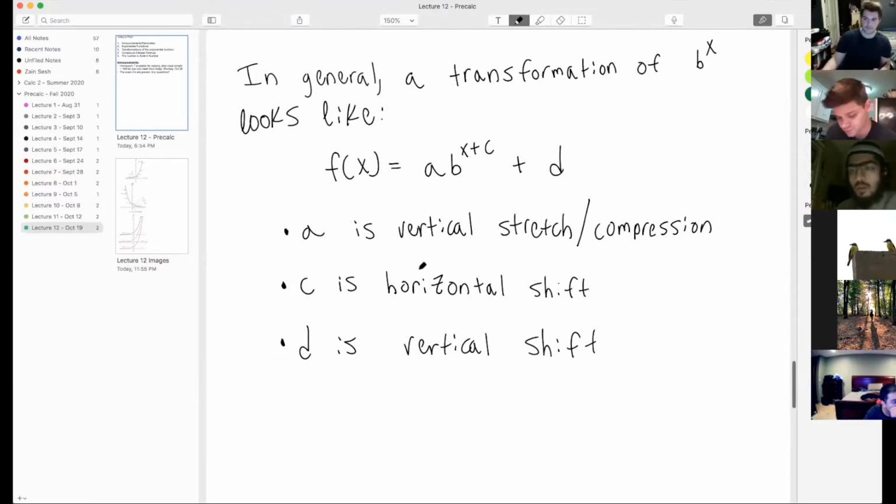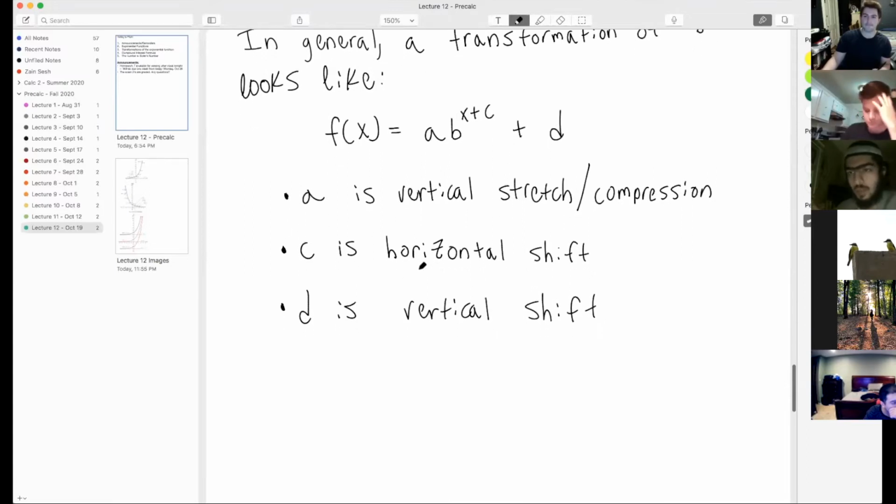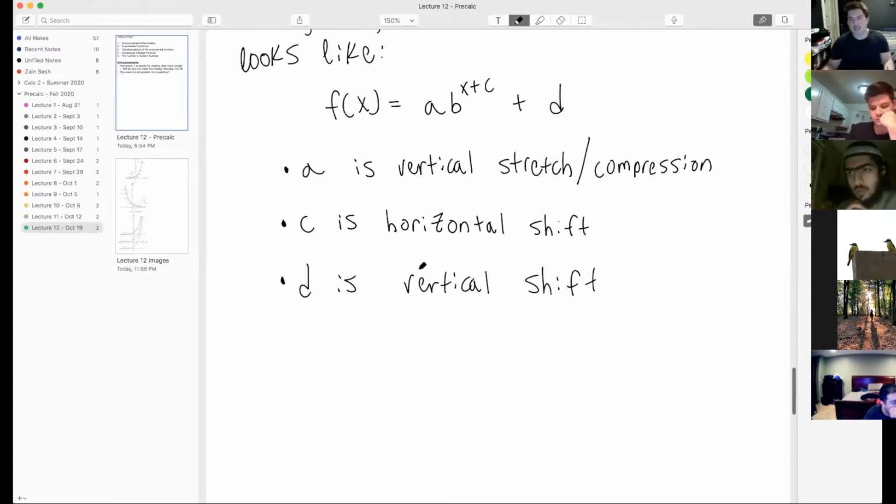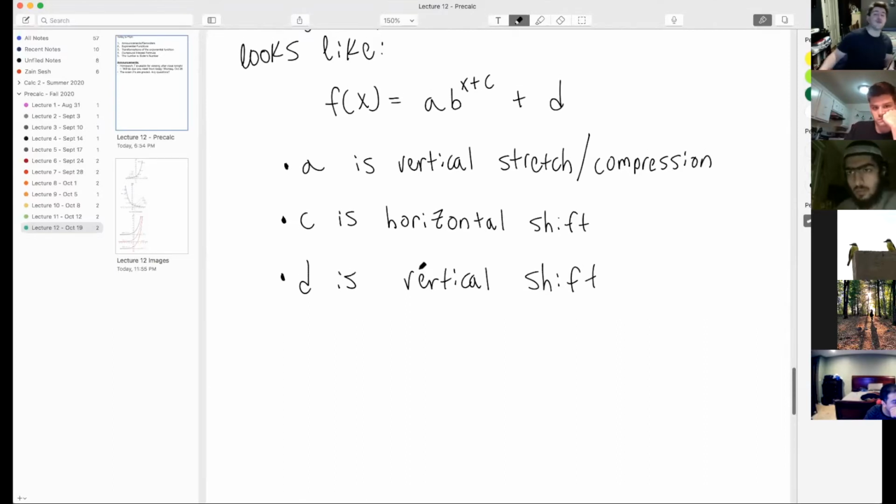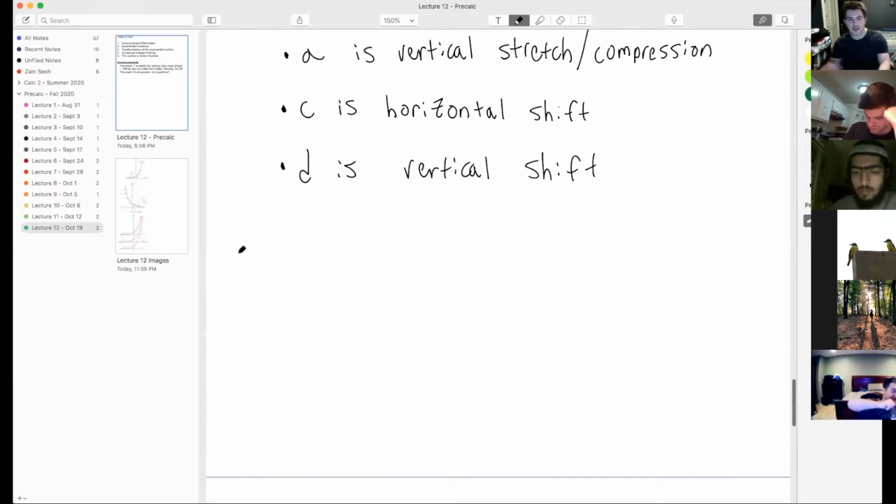There's no horizontal compression because of the asymptote? That's a great question. You don't need to worry about horizontal compressions, and I will tell you why. For horizontal compression, you multiply the input by a number. For instance, do you agree that b to the 3x would be a horizontal compression? Yes.